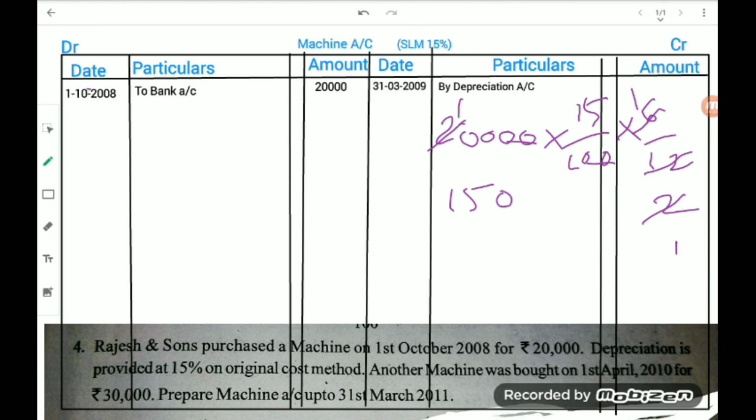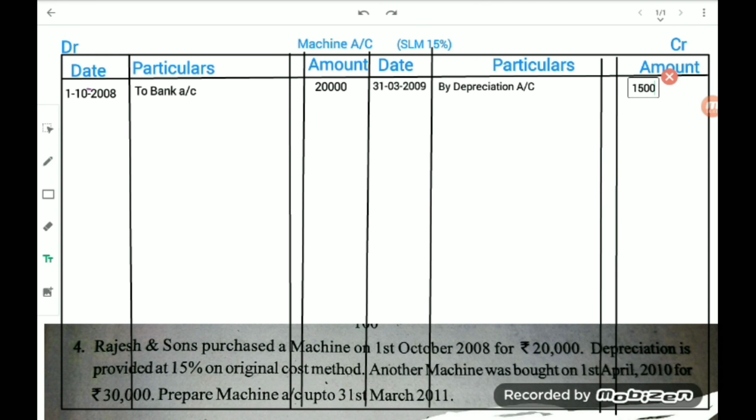So how much? 1500 is the depreciation for the first year.